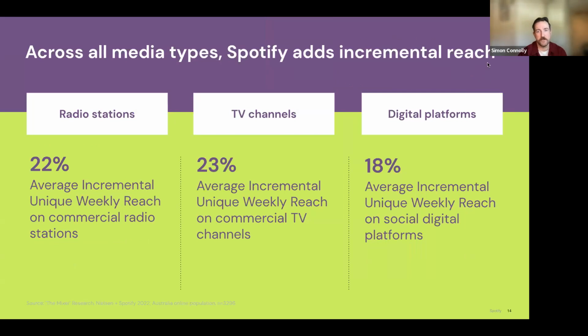Spotify complements your media mix. No matter what other media channels you're currently using, Spotify is able to provide unique, incremental audiences when added to your plans. Whether that is traditional media partners such as radio and TV, where we can provide over 20% unique weekly incremental reach, or 18% when added to your audiences you're able to reach through digital social media platforms.